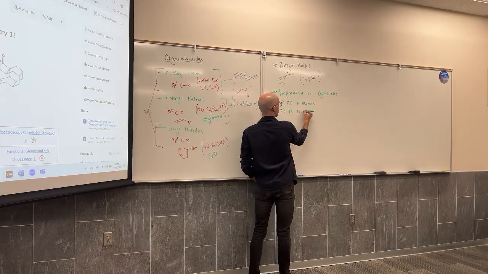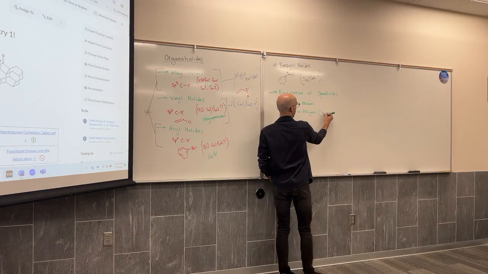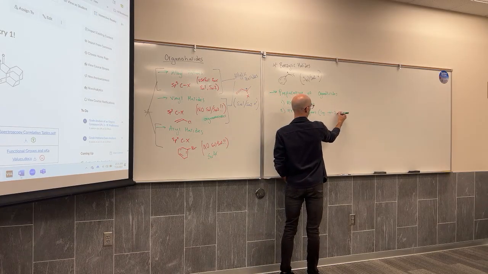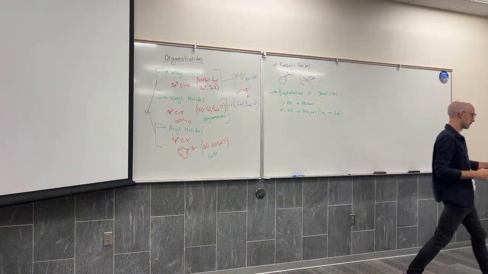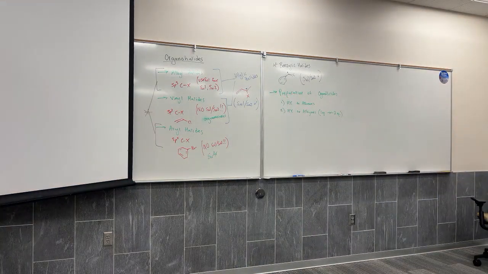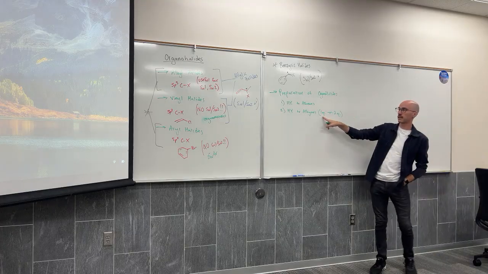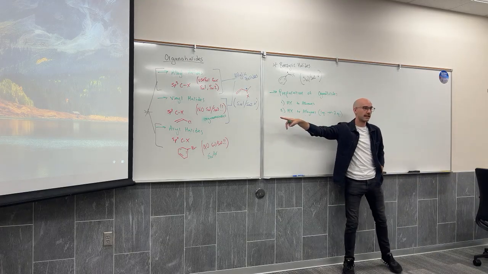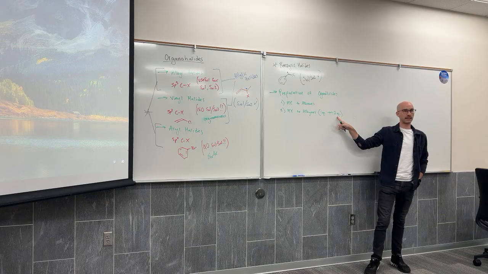HX addition to alkynes, which we saw in one equivalent or two equivalent forms. The one equivalent HX addition to alkyne gave us vinyl halides. The two equivalent HX addition to alkynes gave us alkyl halides.